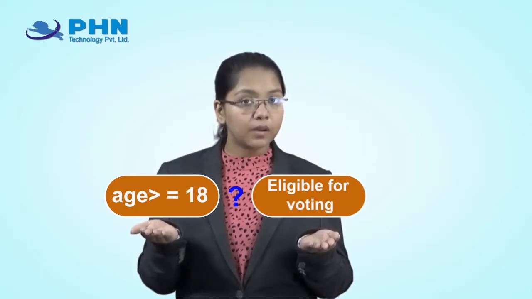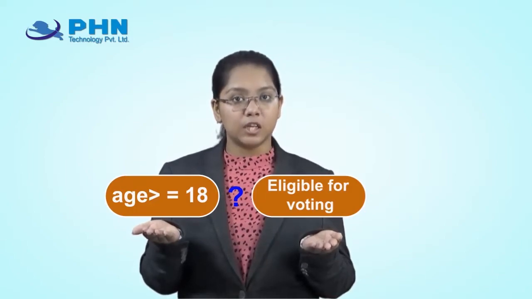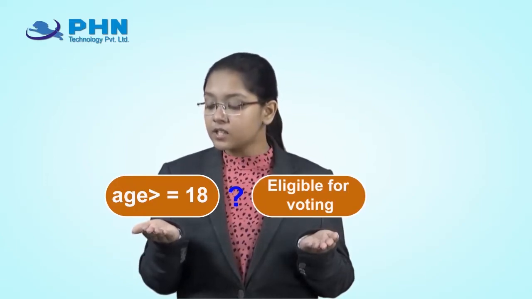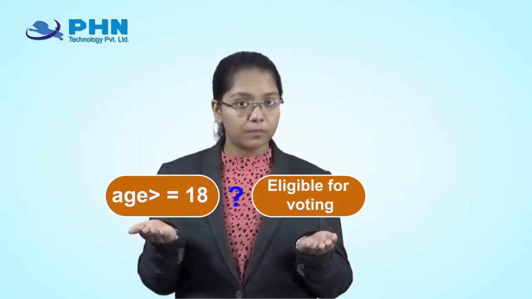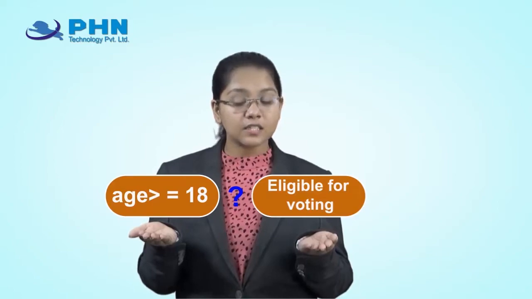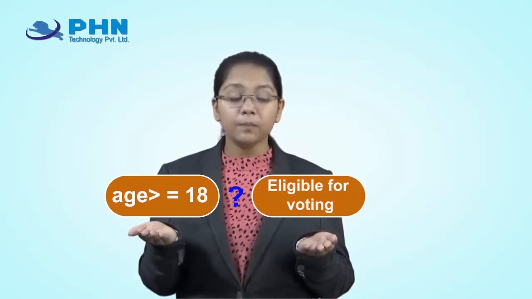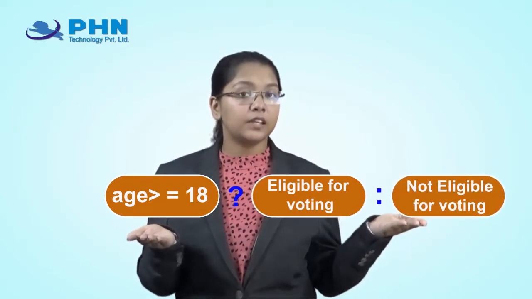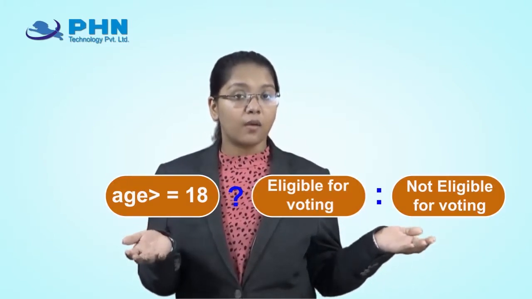Consider this statement as an if statement. Here there is a condition, consider this as my if condition, and if this is satisfied, then this statement is printed. Now if this condition is not satisfied, then the other statement gets printed.